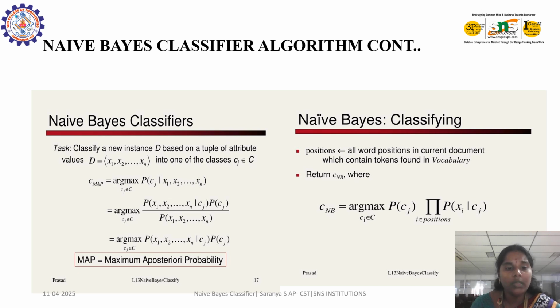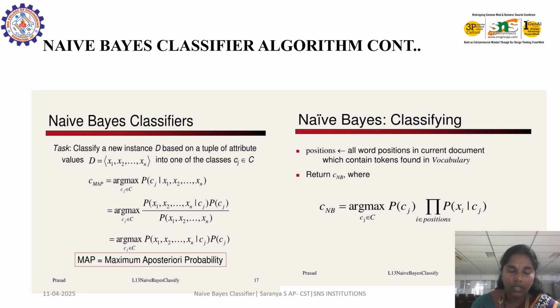This equals argmax over cj in C of P(x1, x2, up to xn | cj) × P(cj) / P(x1, x2, up to xn).